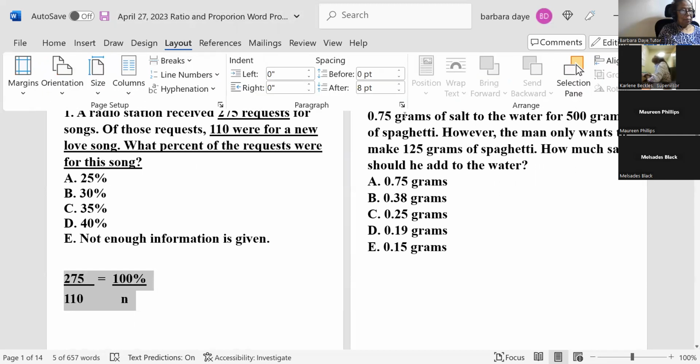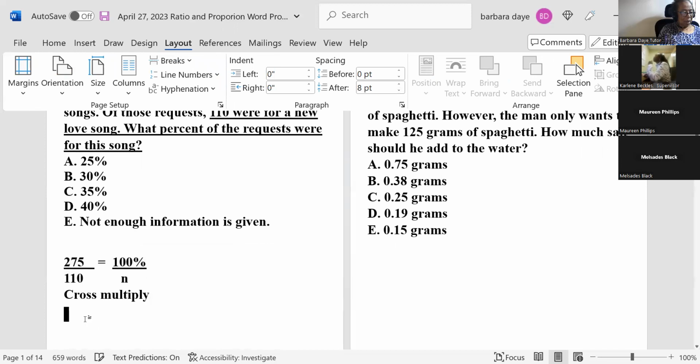Solve that proportion for N, cross multiply. Cross multiply and solve for N. Tell me what you get, Maureen.